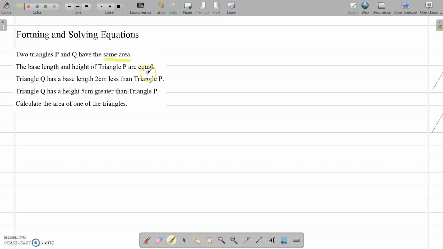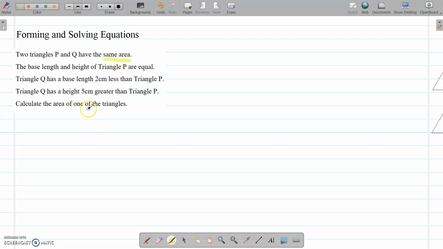So when we talk about the height of a triangle, we mean the perpendicular height, straight up from the top to the base. And they're equal. Triangle Q has a base length of 2 centimeters less than P, and it has a height 5 centimeters greater than P. Calculate the area of one of the triangles.